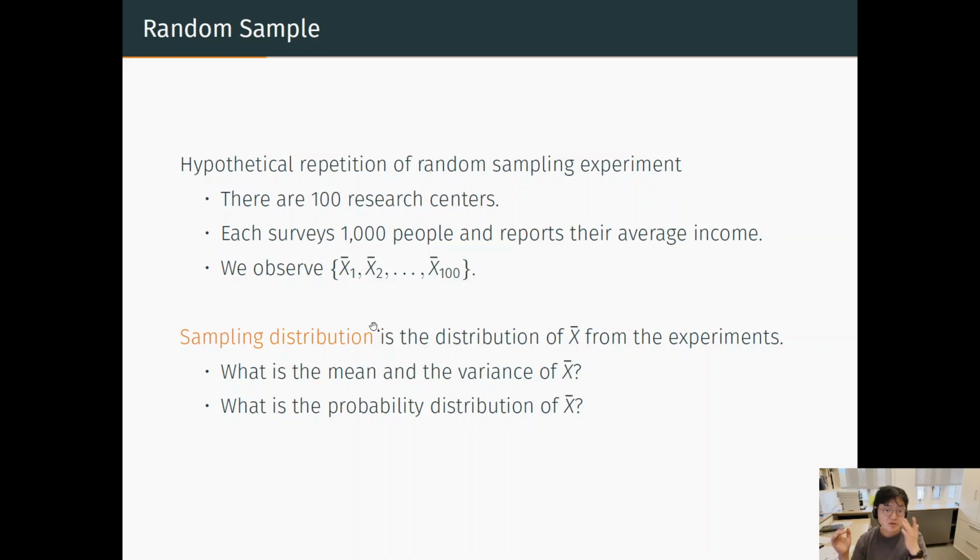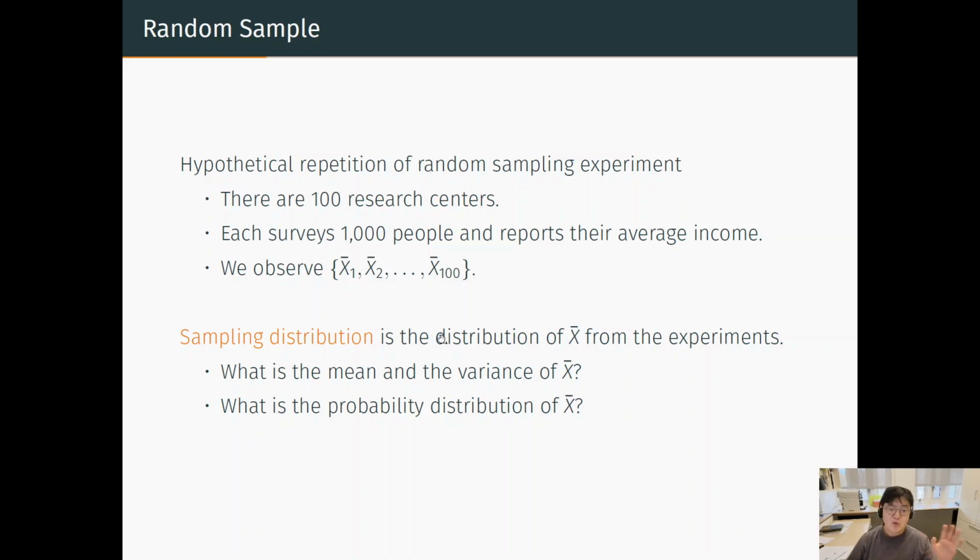We would like to learn the sampling distribution, and when I say I'd like to study it, basically that means what is the mean and variance of X bar, and what is the probability distribution of X bar, right? So if you open another research center yourself, without doing the survey, you can think about what is the expected annual income, what is the probability distribution of your result. That's what you're going to do.